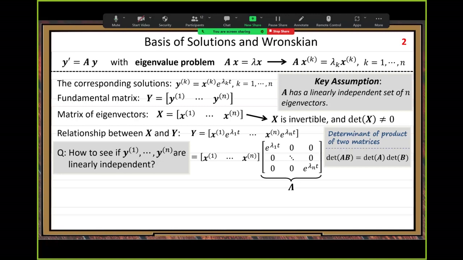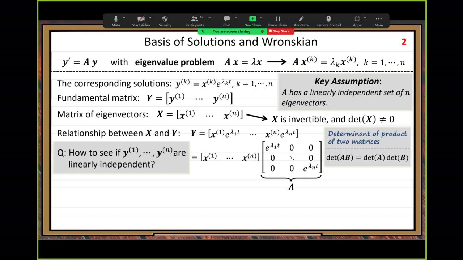The determinant of A times B, the product of two matrices, equals the determinant of A times the determinant of B. Here, A and B are square matrices. If A and B are rectangular, then you cannot write it this way. Here, we assume A and B are square matrices, so we can write it in this way.